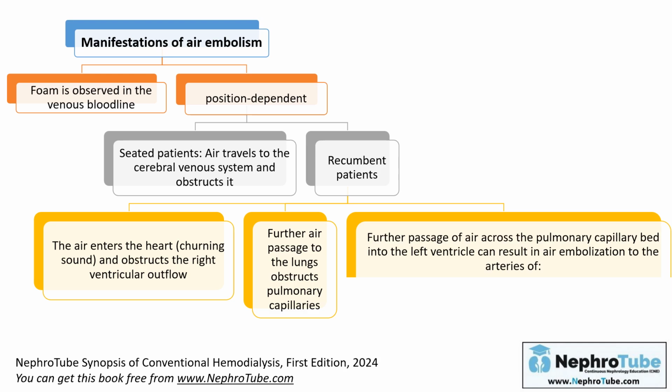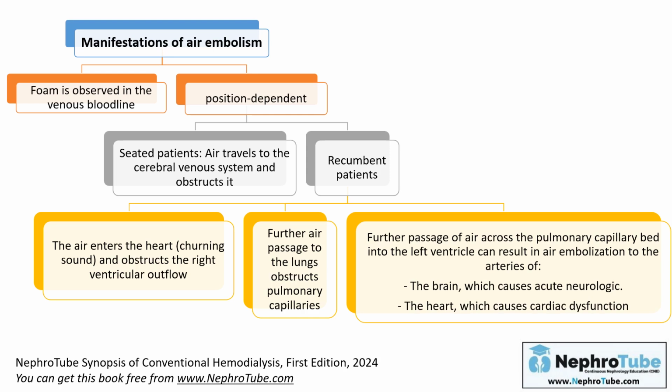Further on, if air passes through the pulmonary capillaries, it will reach the left ventricle, and from the left ventricle, air embolization can pass to arteries of the brain, which can cause acute neurologic symptoms, or to the heart vessels, coronaries, and these can cause cardiac dysfunction.